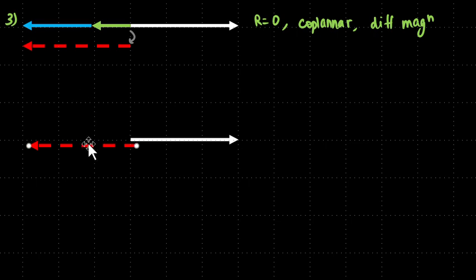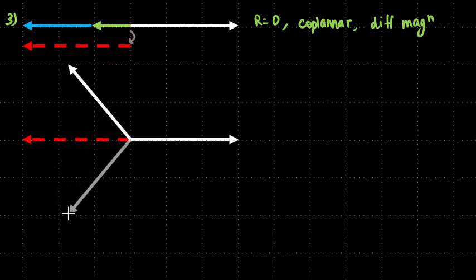To see how this can be formed out of same-sized vectors, you just need to take this vector and rotate it, trying not to change the size. The size might change because I'm not that perfect at drawing this, but you can make it so that the size does not change. I'm not going to be that precise, but you can understand what I'm trying to say. The lengths are equal, but the only thing that has changed is the direction.